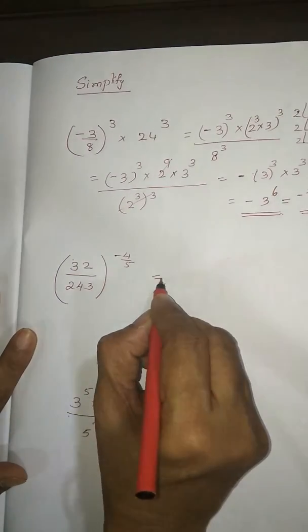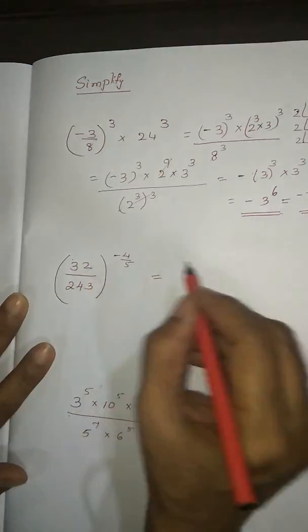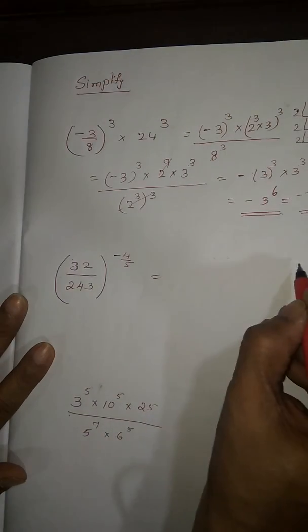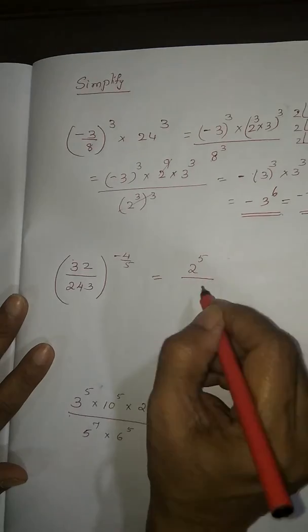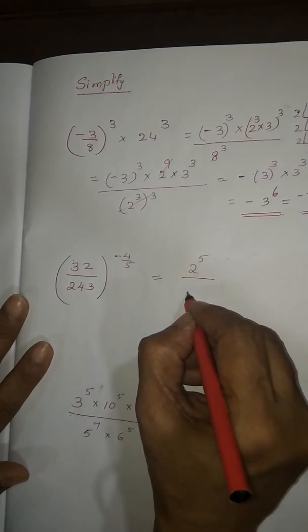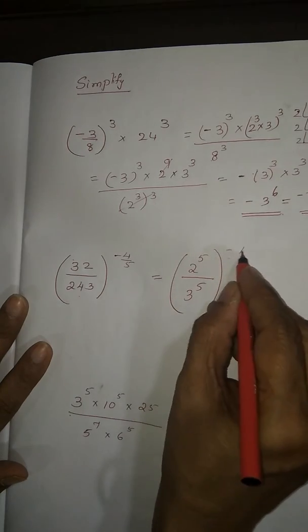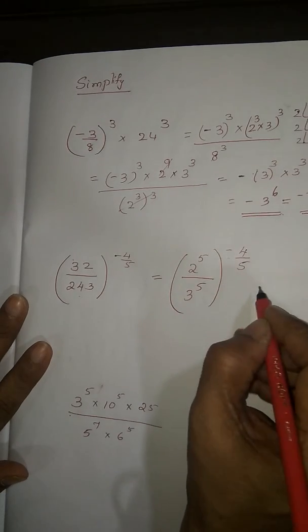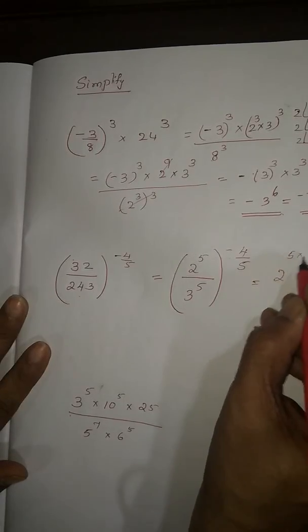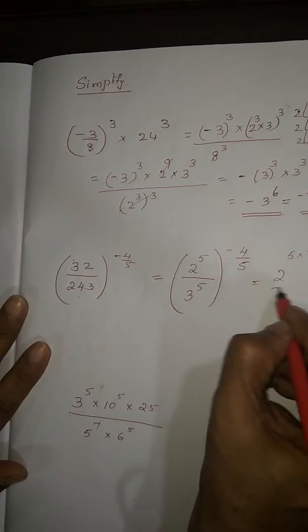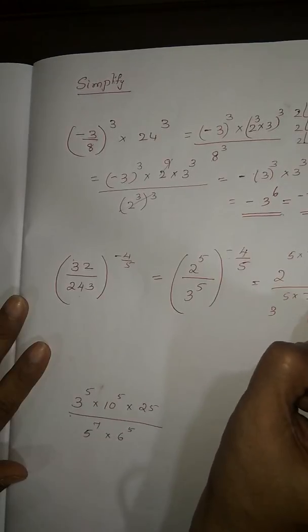Now 32, we have to write it in exponent form. So 32 can be written as 2 to the power of 5 and 243 can be written as 3 to the power of 5, the whole to the power of minus 4 by 5. So we can write this as 2 to the power of 5 into minus 4 by 5 by 3 to the power of 5 into minus 4 by 5.